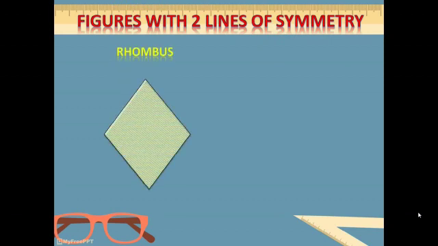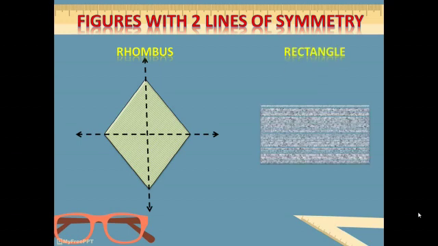Rhombus has two lines of symmetry. The two lines, actually, are its two diagonals. And rectangle also has two lines of symmetry, one vertical and the other horizontal.